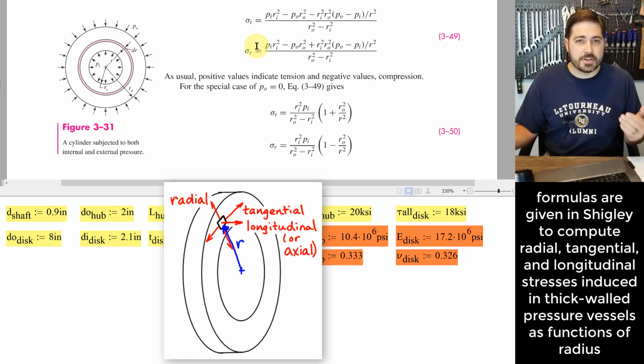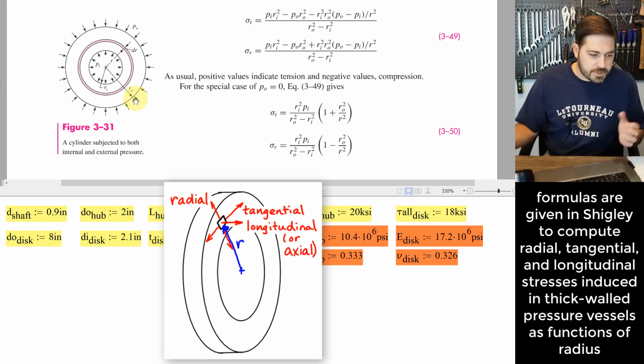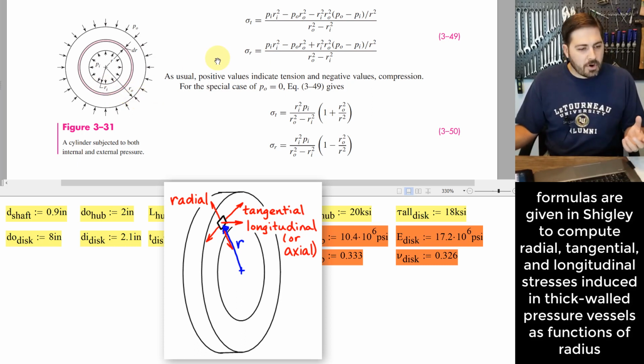They are kind of plug and chug kind of equations. You look at the figure, you figure out, okay, there's an internal pressure, an external pressure, an internal radius, an outside radius. Maybe the hardest thing to understand about an equation like this is this other variable of r. And that basically describes some arbitrary location within the material of the cylinder.